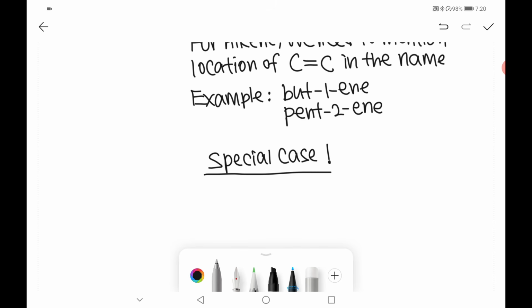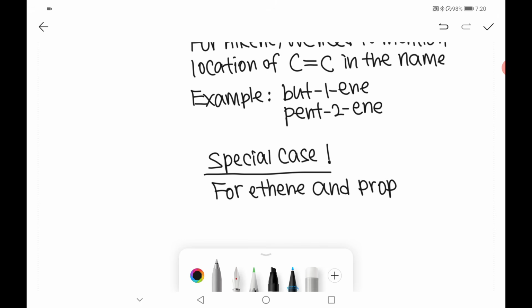For a 2 carbon alkene, 2 carbon is eth, ethene. And for a 3 carbon alkene, 3 carbon is prop.